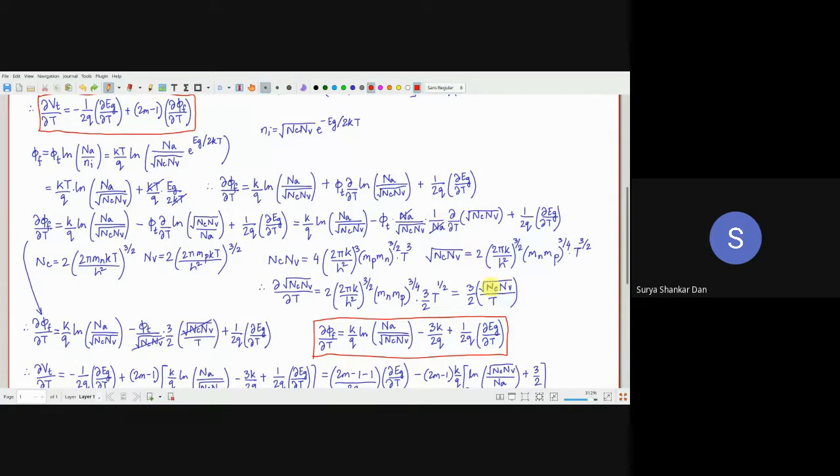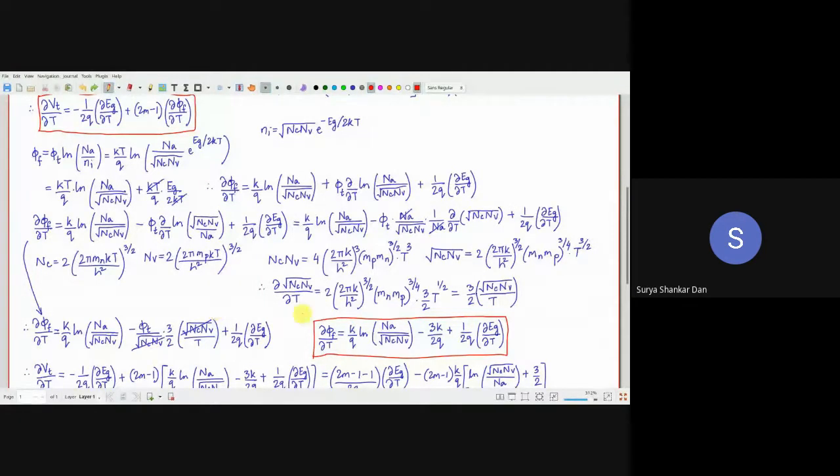And instead of this del T, I will put this one, 3 by 2 root over NCNV by capital T. Then the mastery, the trick, the intelligence which we have done is that writing it in the form of root over NCNV simply cancels these terms out. So it becomes easier for us to handle.